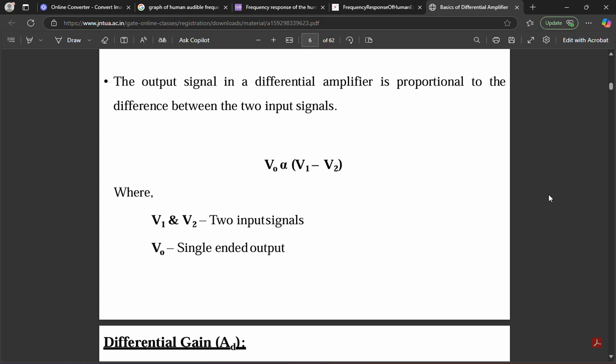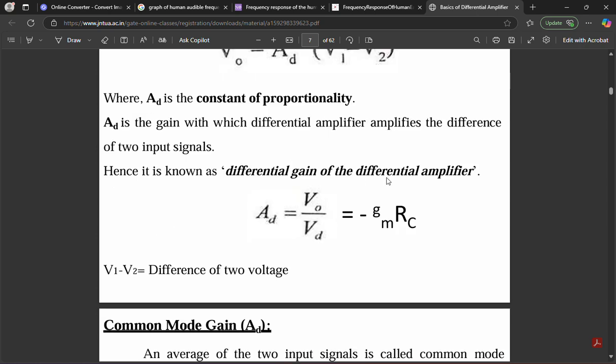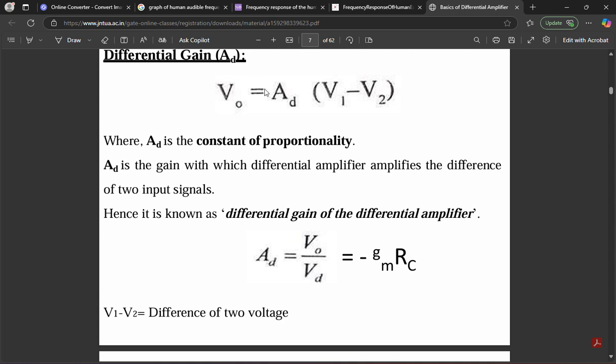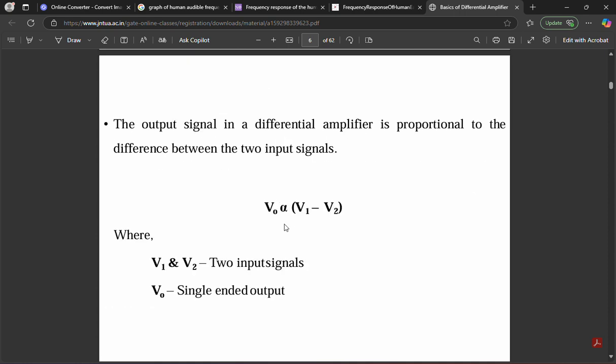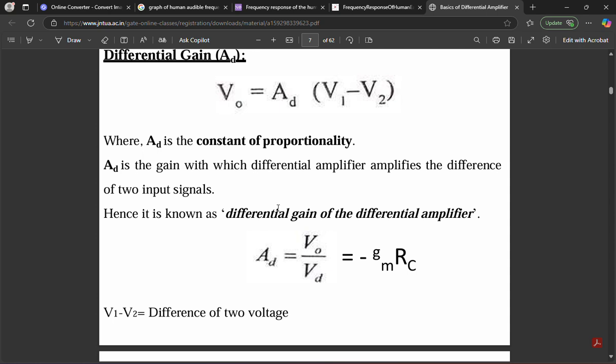As I told you before, V0 is proportional to the difference between V1 and V2. When we convert this proportionality into equality, we get a constant of proportionality, which is AD. AD is called the differential gain of the differential amplifier.